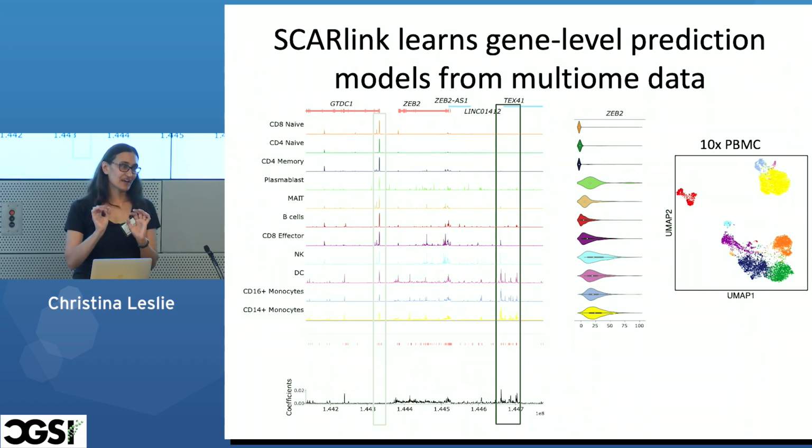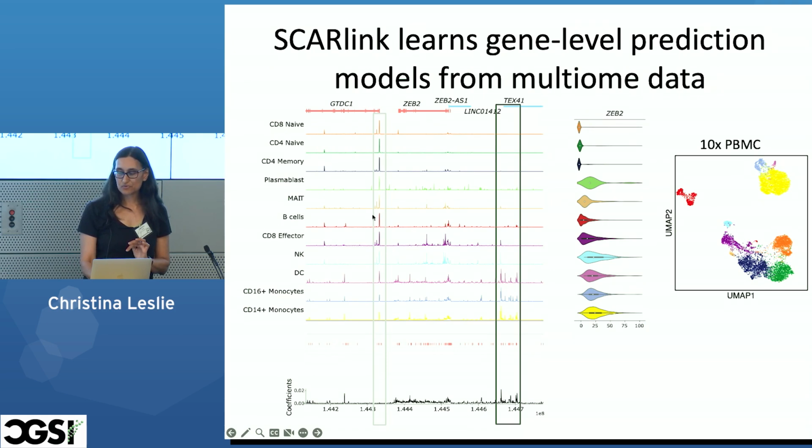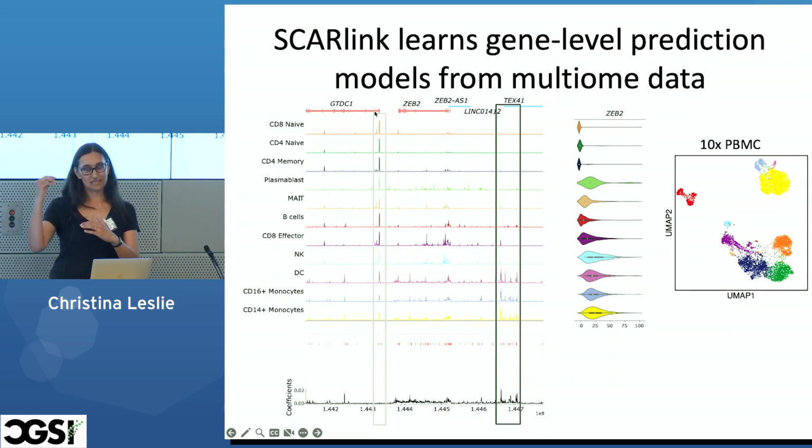But it's not just finding highly accessible events, because you can see over here, there's this event that's highly accessible, and the model puts a regression coefficient close to 0. And if you look at the gene models, you can see, oh, well, this is the promoter of another gene, and it doesn't matter for explaining the expression of ZEB2, okay?